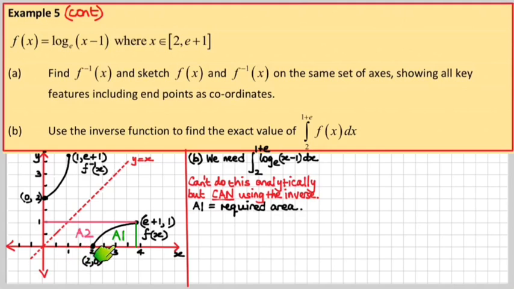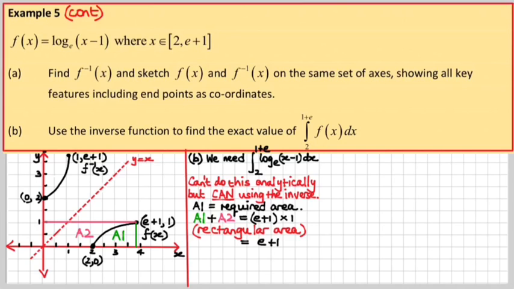Now, you know, and I know, that I can work out that rectangular area which comprises A1 plus A2. Okay? So, because we've got the dimensions of the rectangle, this width here is e plus 1, and this height here is 1. So, therefore, A1 plus A2 is e plus 1.